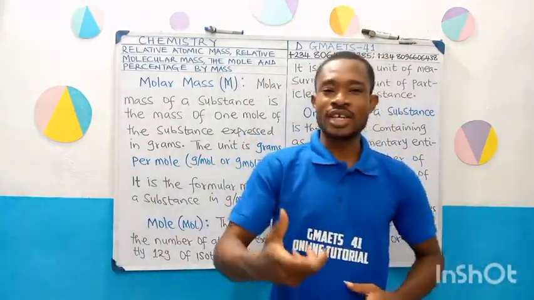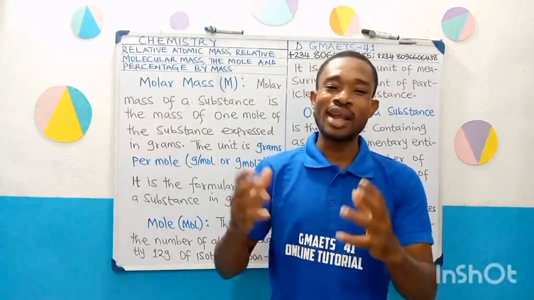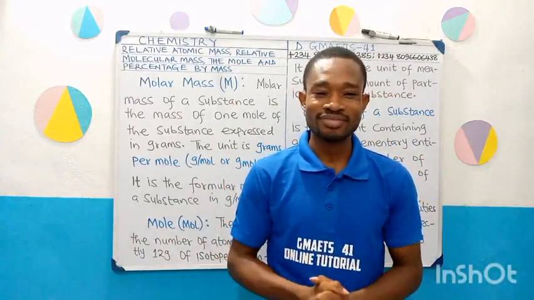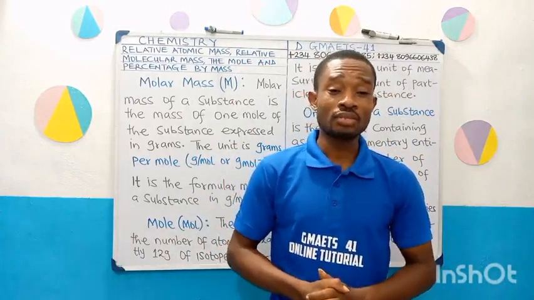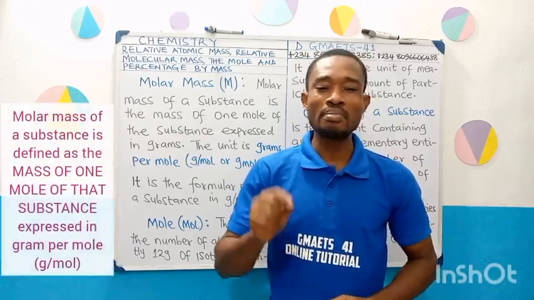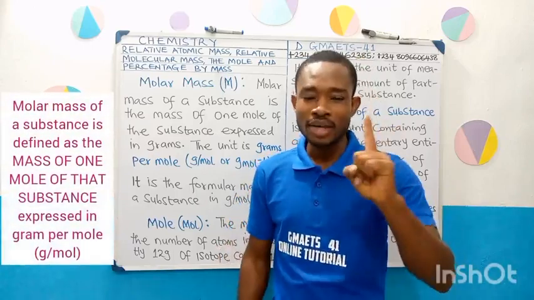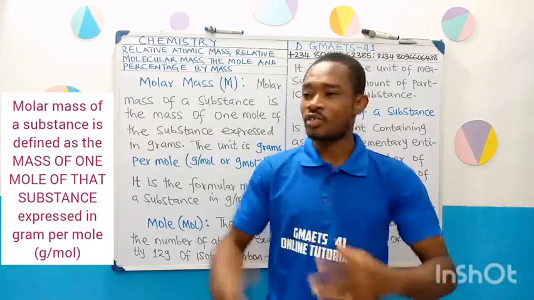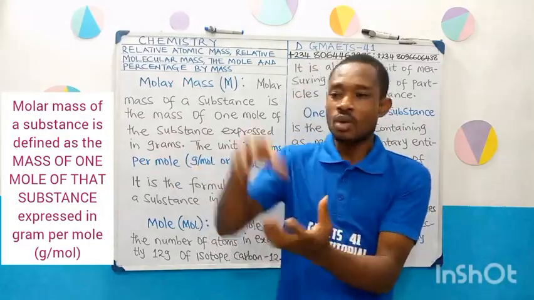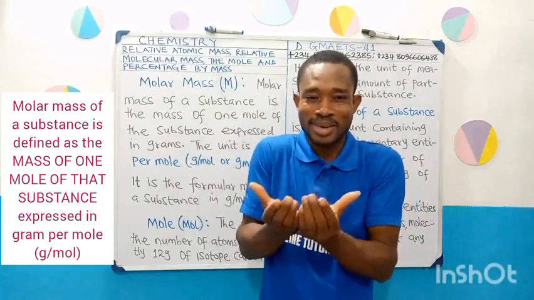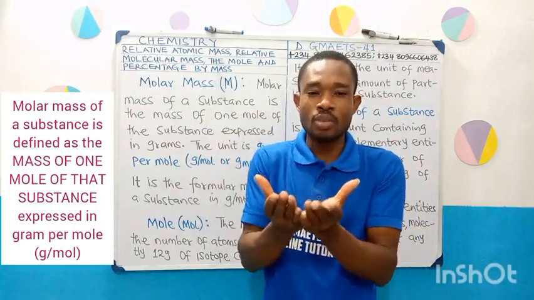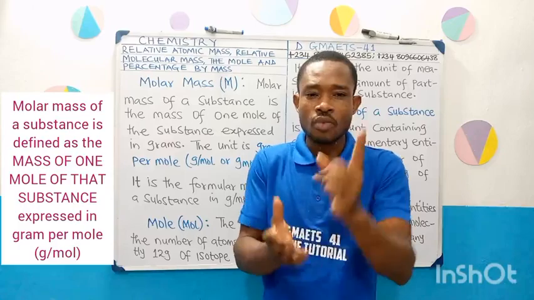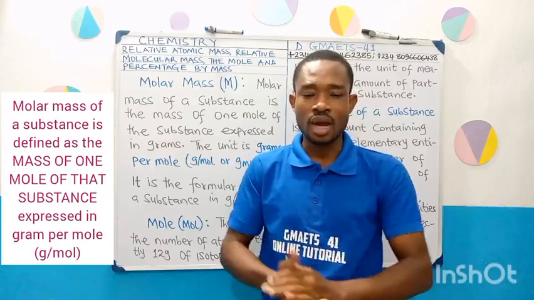When you are given a substance and you are asked what's the molar mass of that substance, by definition, molar mass is simply the mass of 1 mole of that substance. So if you have 1 mole of a substance, what is the mass? If you weigh it, what would be the mass of 1 mole of that substance?